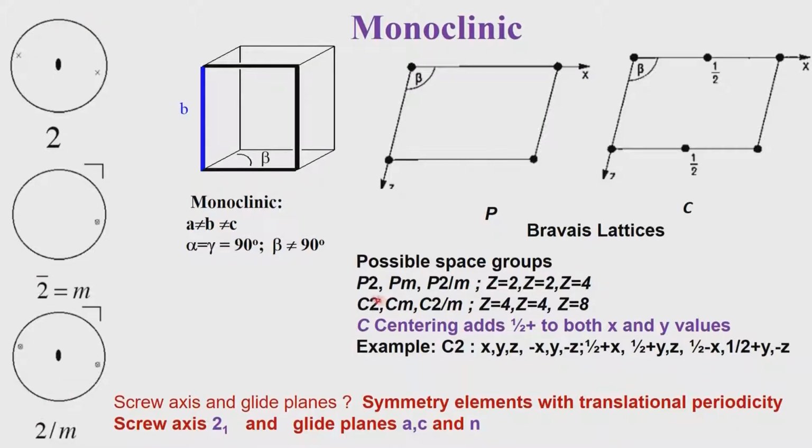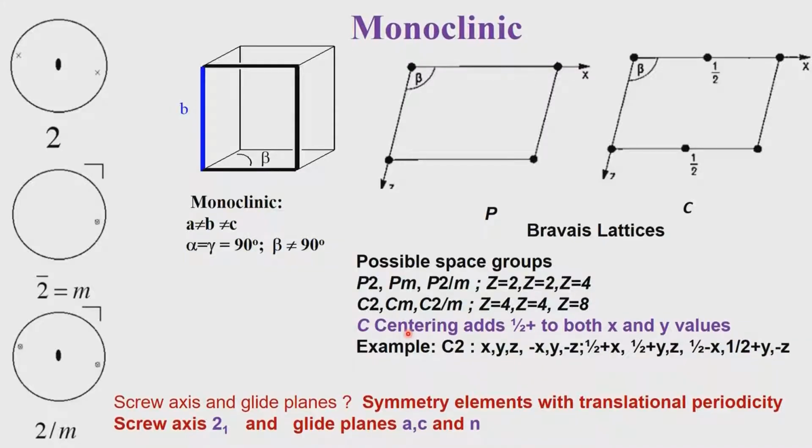When we come to the case of C centering, we can again have C2, Cm and C2 by m. When we generate the C centering lattice, to every x, y, z we add half plus x and half plus y, considering that the C direction is centered. If the A direction is centered, then you add half to y and half to z.